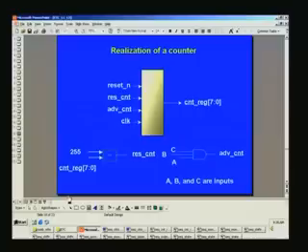We were analyzing waveforms of a counter in the last class, and we will continue to do the same in this. As you see, a counter has a reset input, and there is further a reset count here, which will take place only when counter reg, which is the running counter, is equal to 255.